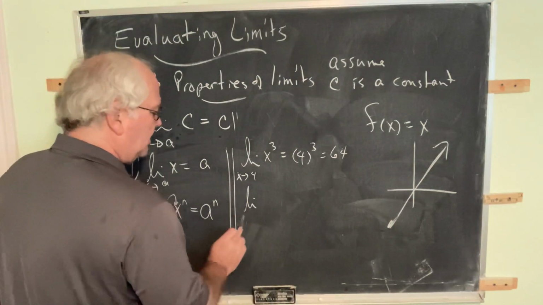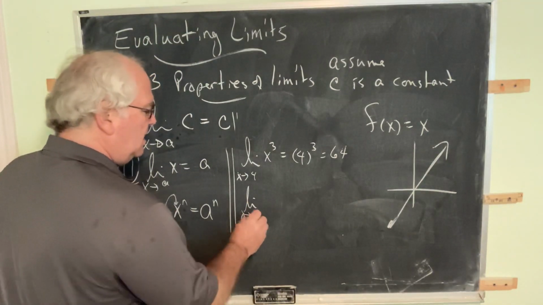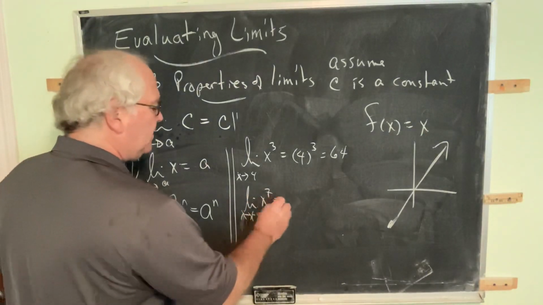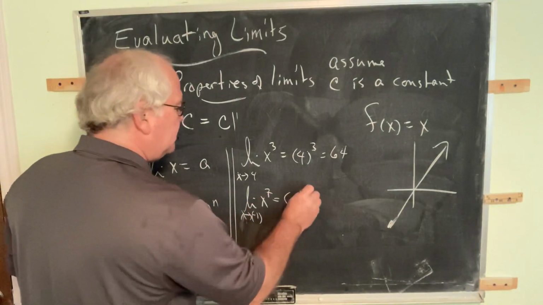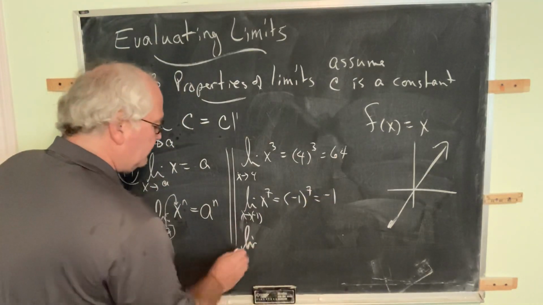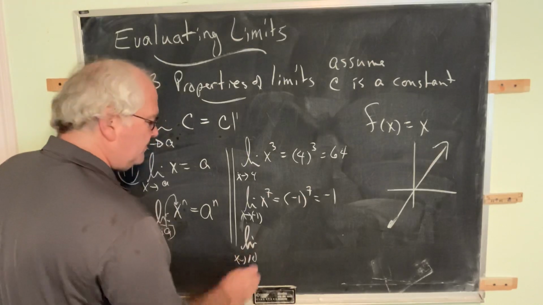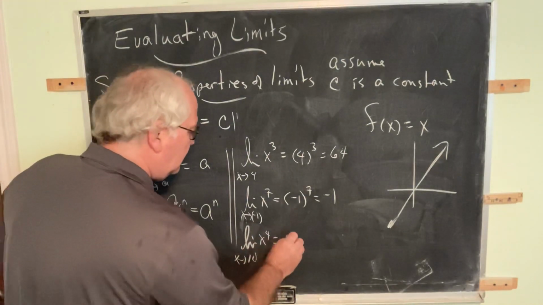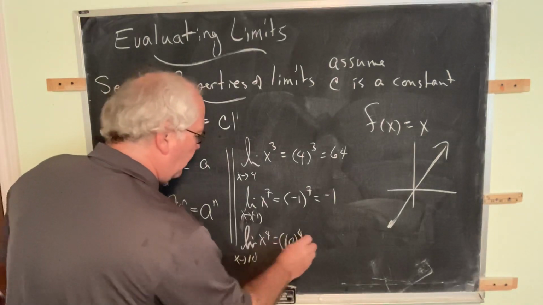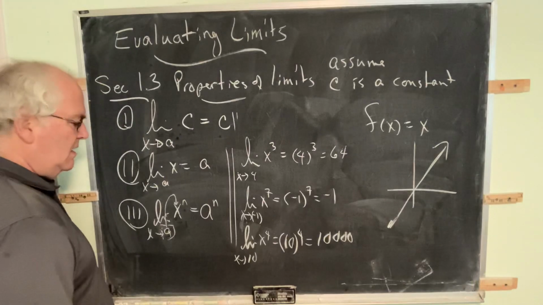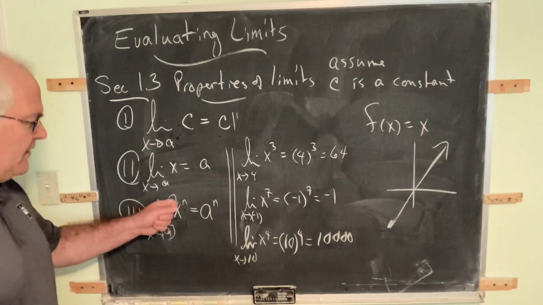Limit as x approaches -1 of x to the 7th is -1 to the 7th, which is -1. Limit as x approaches 10 of x to the 4th is 10 to the 4th, which is 10,000. And so yes, in point of fact, that's the rule.